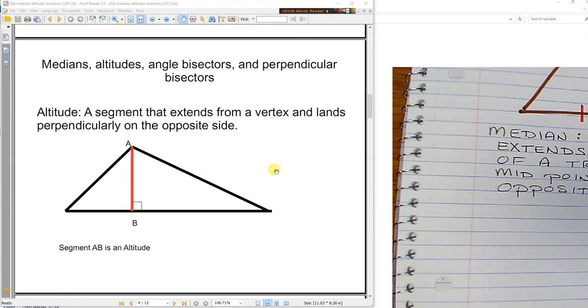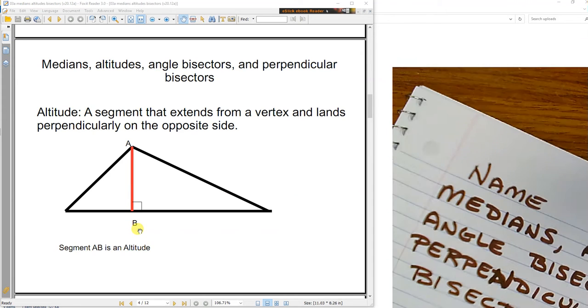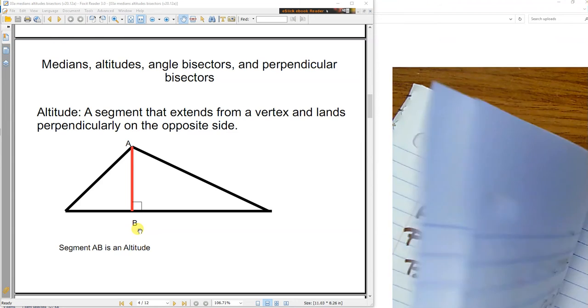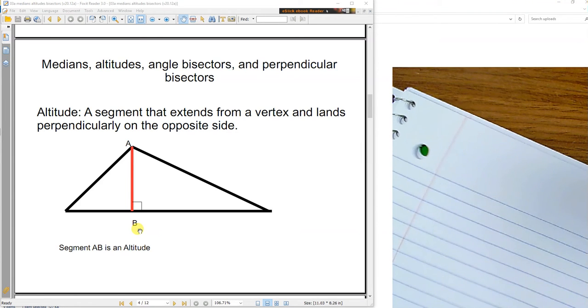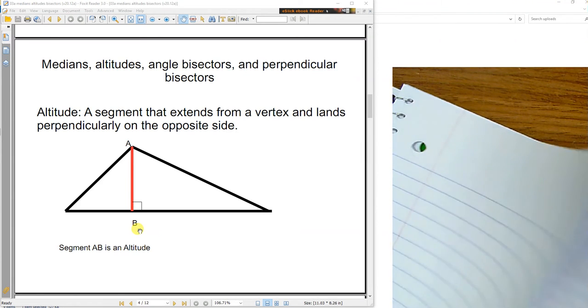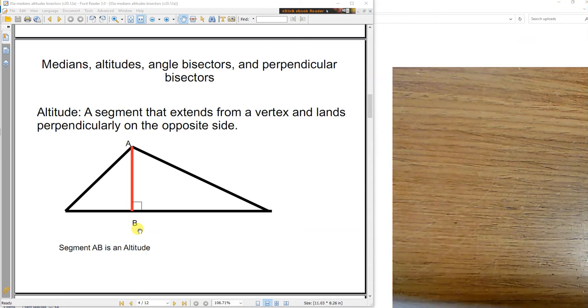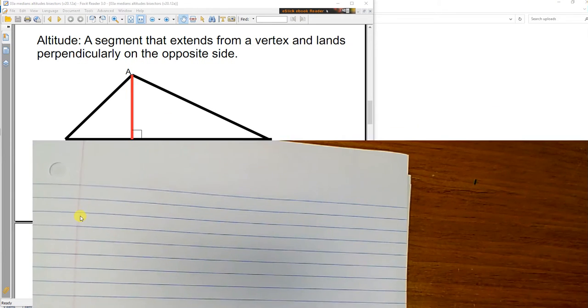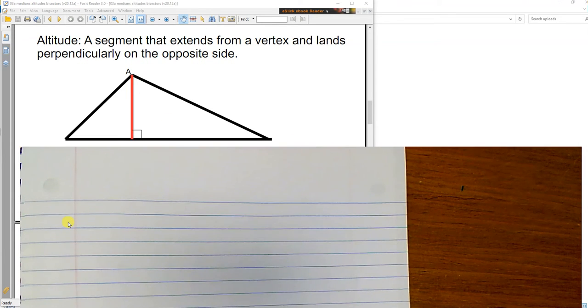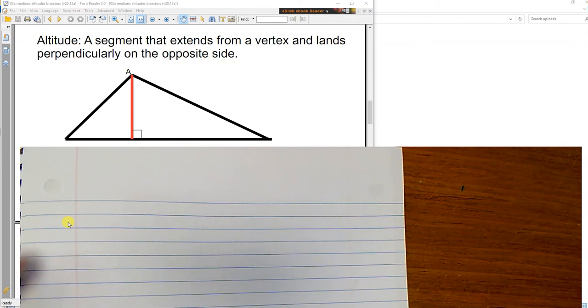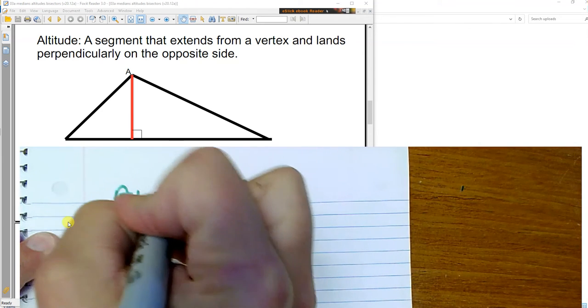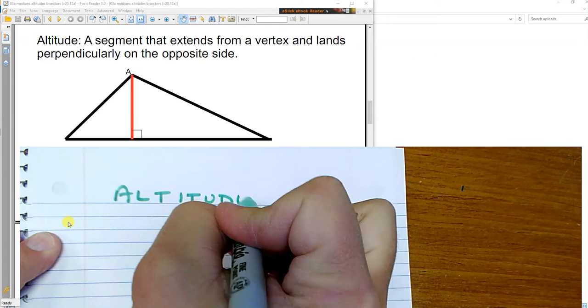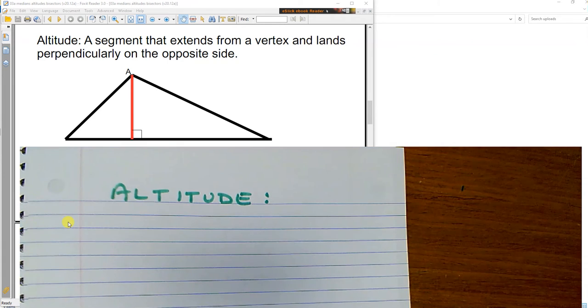An altitude goes from a vertex and lands on the opposite side at a 90-degree angle. And we're going to draw two examples of an altitude. Altitude.